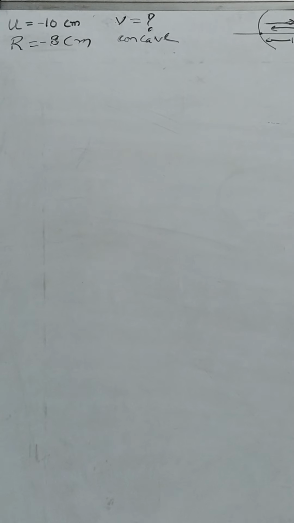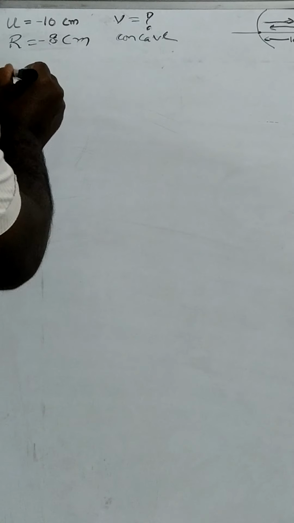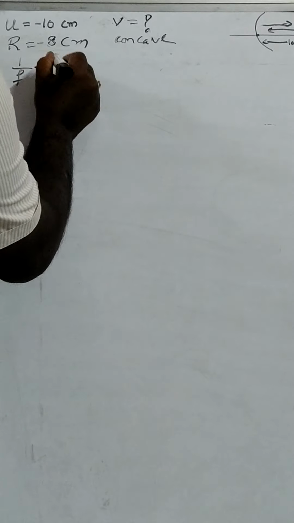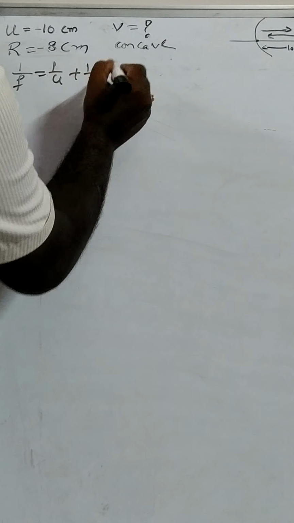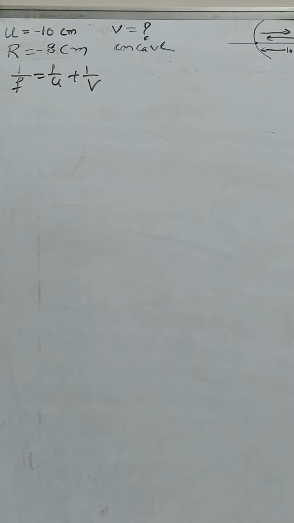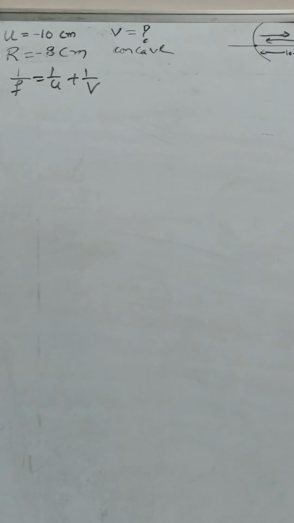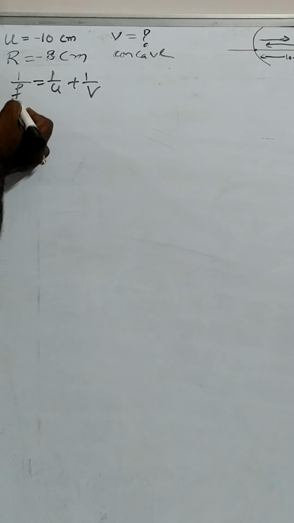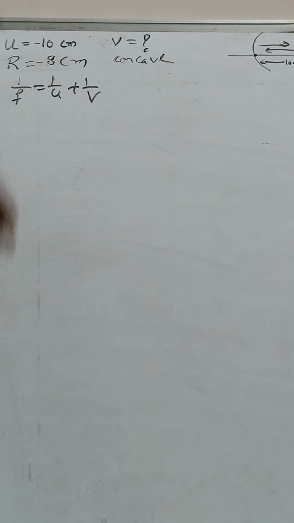Listen. We know the mirror formula: 1 by F equals 1 by U plus 1 by V. Learn it by heart. Here U is given, we have to find V, but F is not there. So how can you find F?